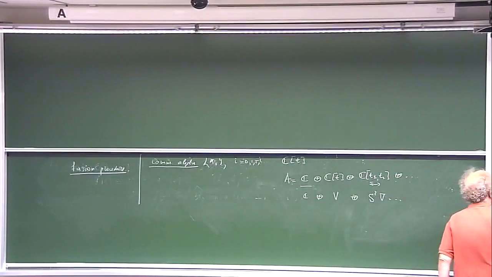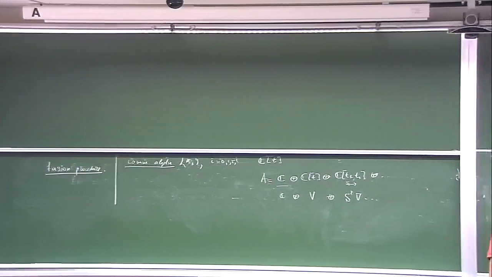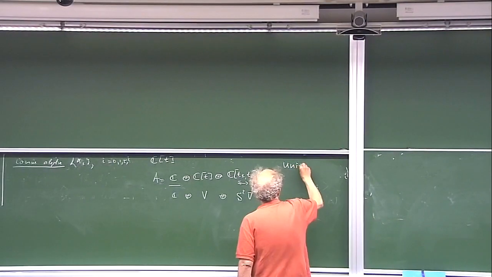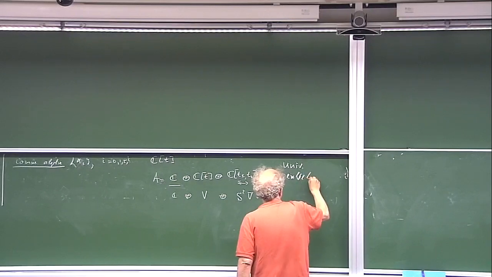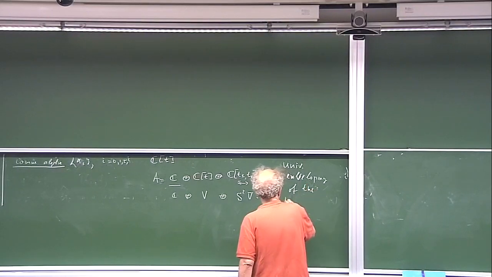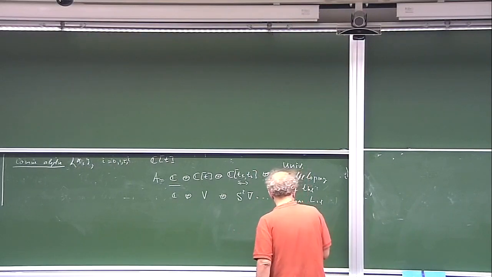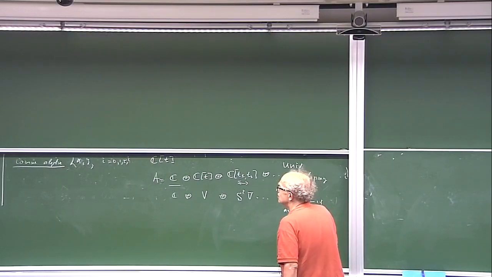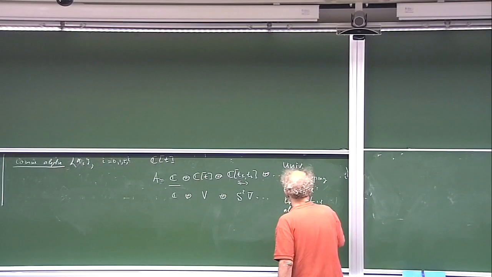Well, or this is the universal enveloping algebra of the commutative Lie algebra with an infinite number of generators AI.